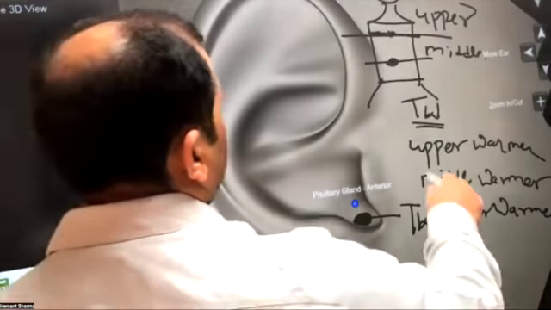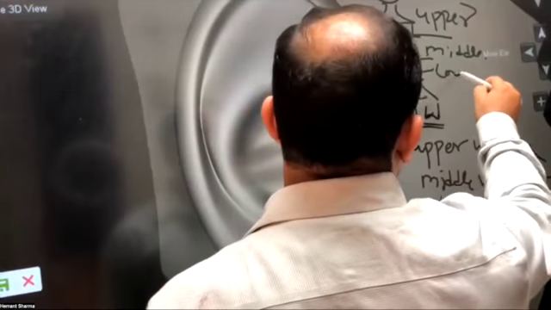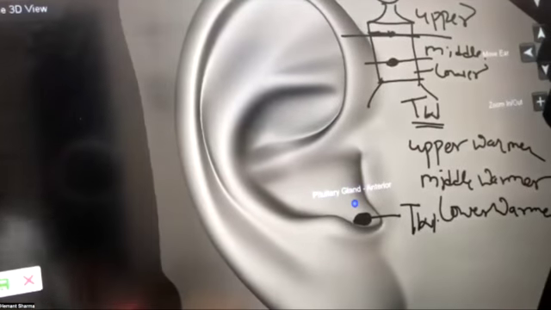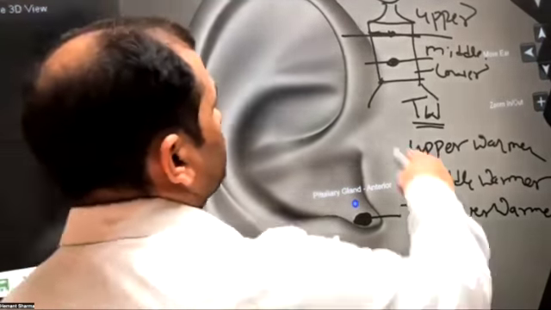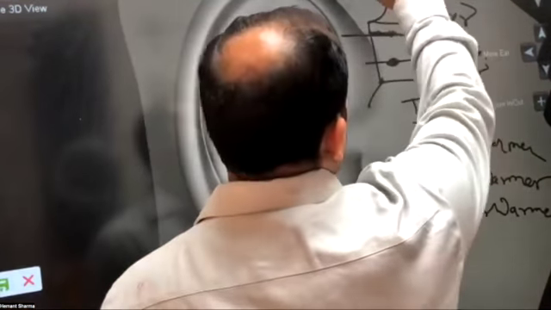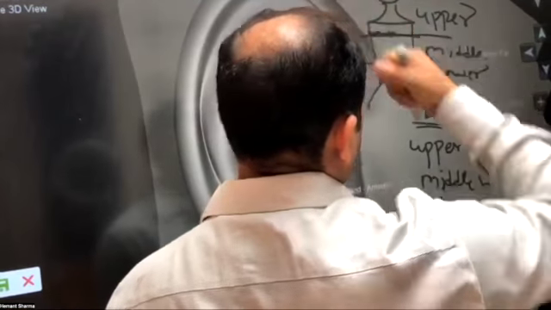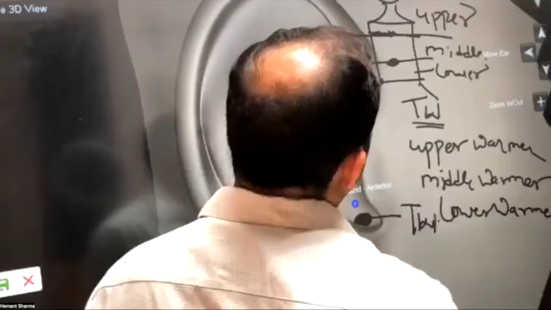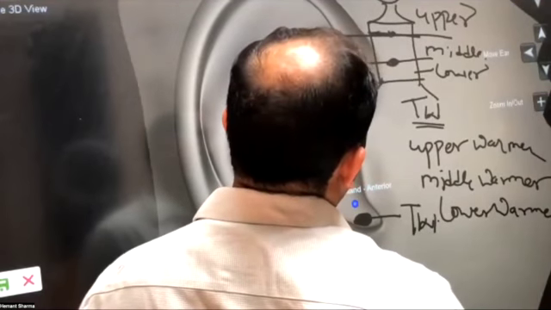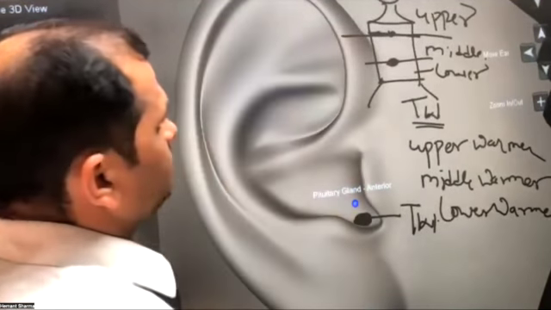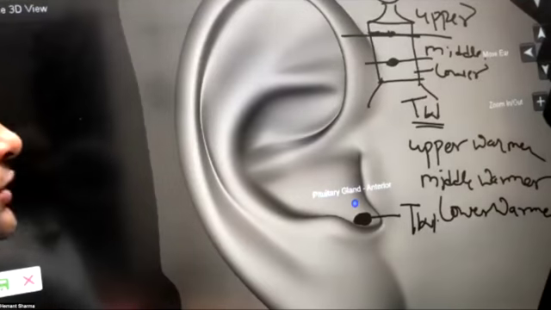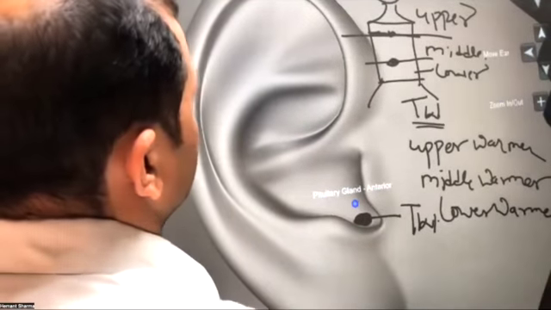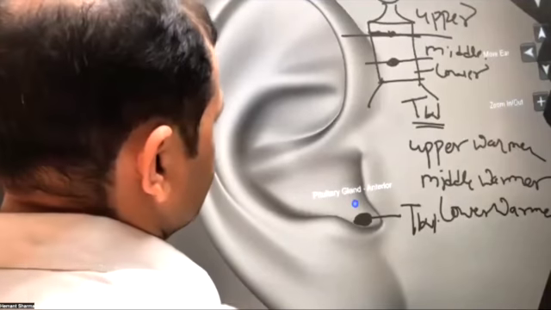And below the navel, that is the lower warmer. तो अगर हम शरीर को तीन भागों में विभाजित करें तो छाती के ऊपर का पूरा भाग अपर वार्मर है, छाती से नाभि तक का भाग मिडिल वार्मर है और नाभि के नीचे का भाग है लोअर वार्मर. So in that way we can divide the whole body into three warmers.